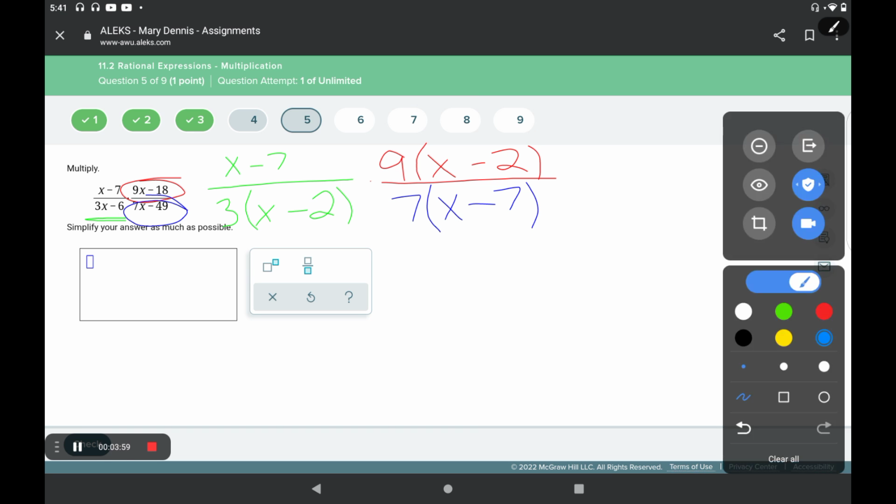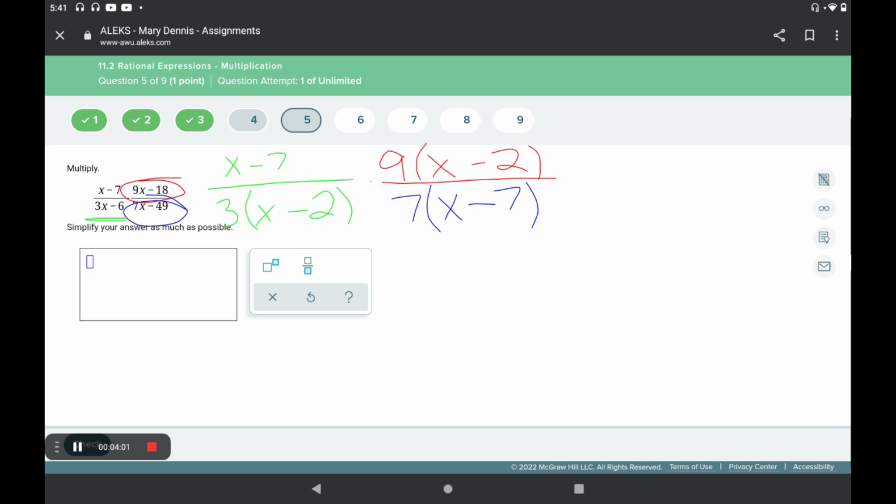And then when I put everything together, I've got an x minus 2 on bottom and an x minus 2 on top, so those go away. And if there's nothing else over there, I can just pretend that x minus 7 is in parentheses. That goes away, because there's one on top and one on bottom. And then I've got a 3 that'll go to 1, and a 9 that'll go to 3.